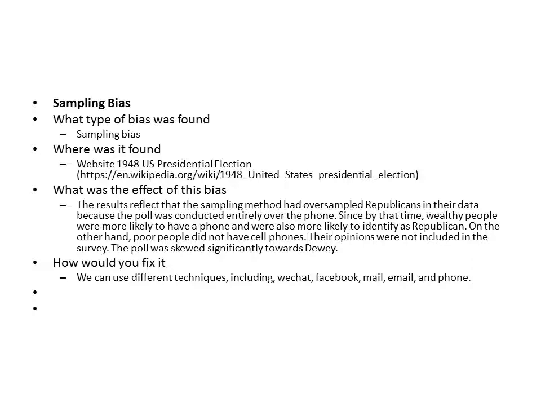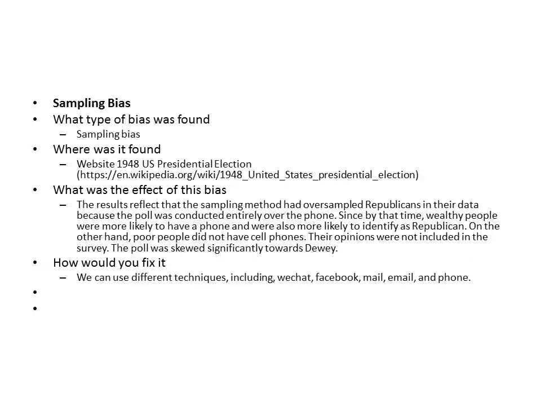What happened in 1948 is people tried to survey who people were going to vote for. However, the method they used was the phone. As you can see, the results reflect that the sampling method oversampled Republicans, because at that time, the survey was done through the phone.